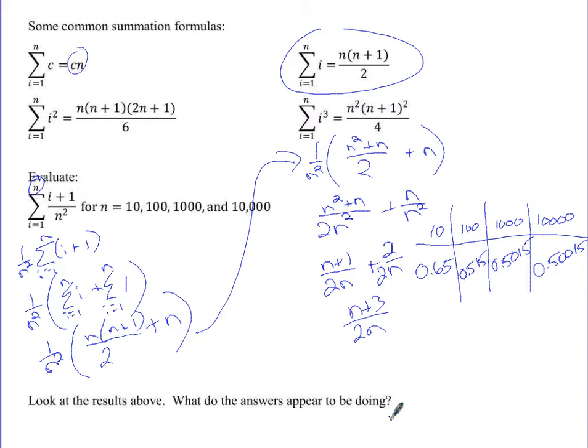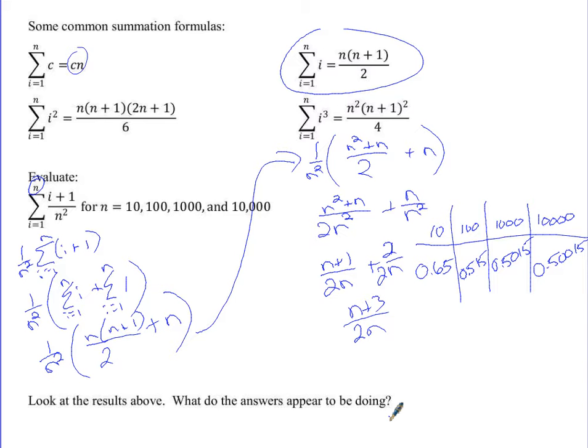So the question at the bottom: look at the results. What do the answers appear to be doing? I don't want the pattern. I want, in terms of calculus, what are the answers doing? Getting closer to 0.5. So what could you say in terms of calculus?